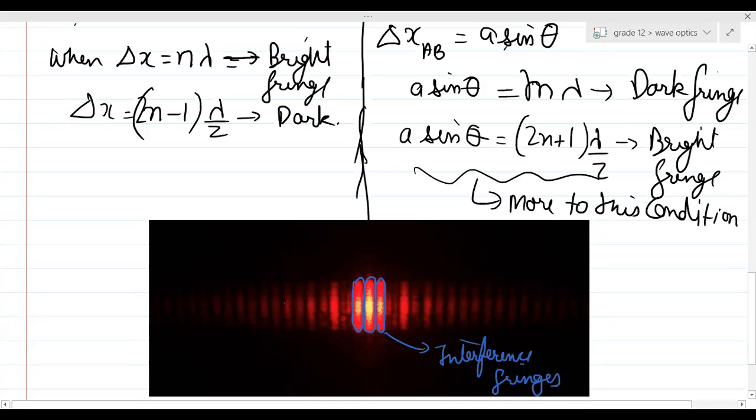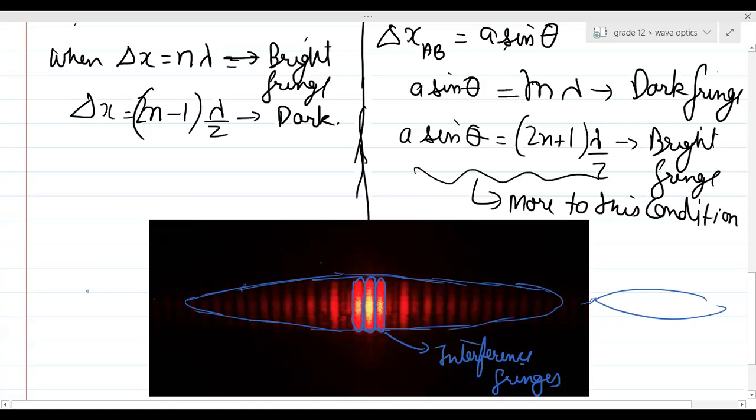And you can vary this particular thing. This is basically your first central maxima in the case of diffraction. And some more come over here, right?